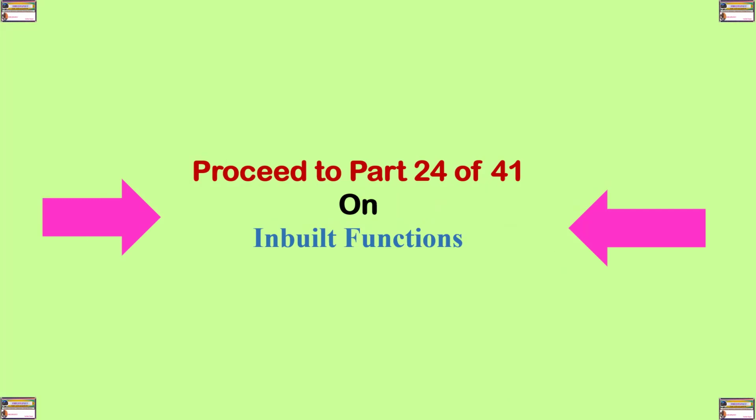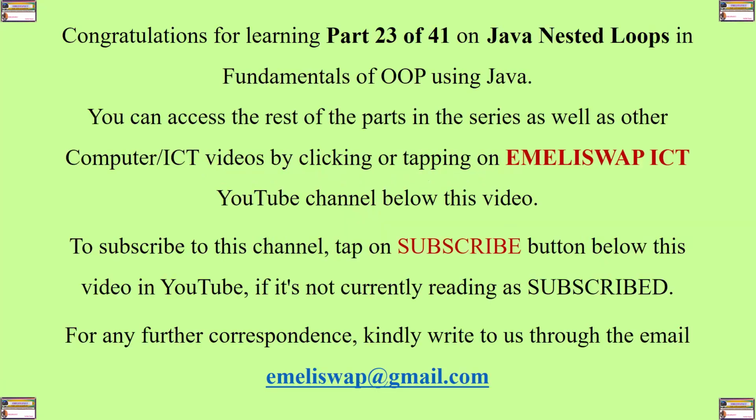You can now proceed and watch as well as listen to part 24 of the series, in which we are going to commence learning about the methods, with our attention being paid on what we call the inbuilt methods, or sometimes called inbuilt functions.